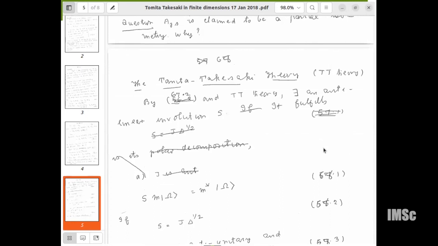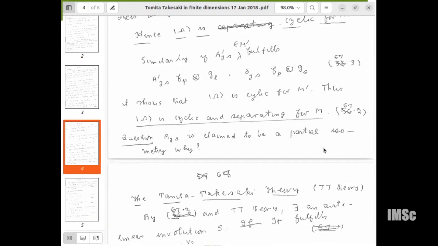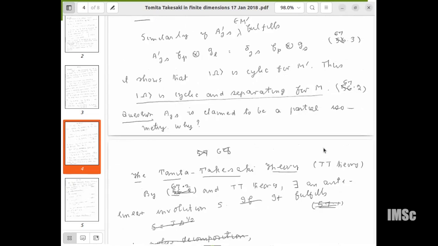Notice that the algebra M prime is acting on G, not on F, so it will definitely commute with M, the original algebra acting just on F. So this is a commutant algebra I am looking at. So I have got a vector which is cyclic for both left and right algebras, or it is cyclic and separating for any one of those algebras.